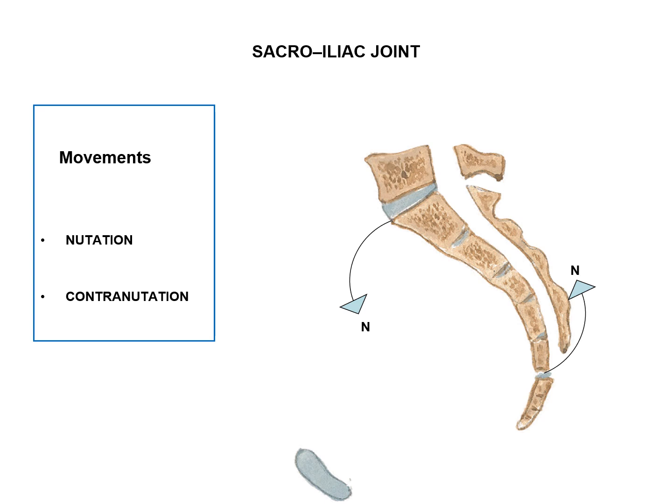Nutation refers to anterior-inferior movement of the sacrum, while the coccyx moves posteriorly relative to the ilium. Contranutation refers to a posterior-superior movement of the sacrum, while the coccyx moves anteriorly relative to the ilium.